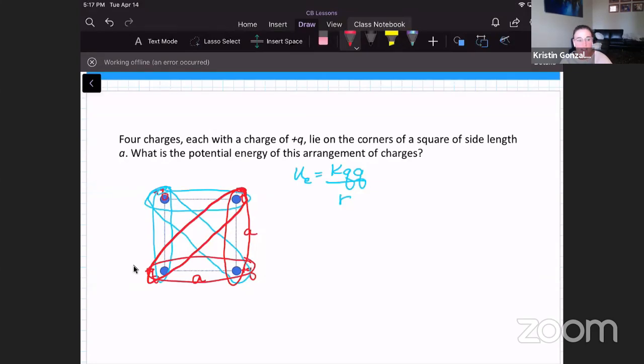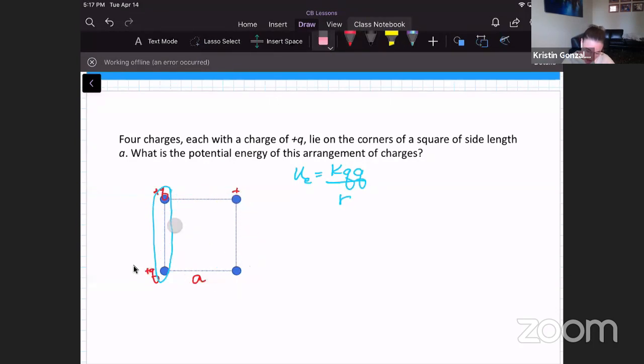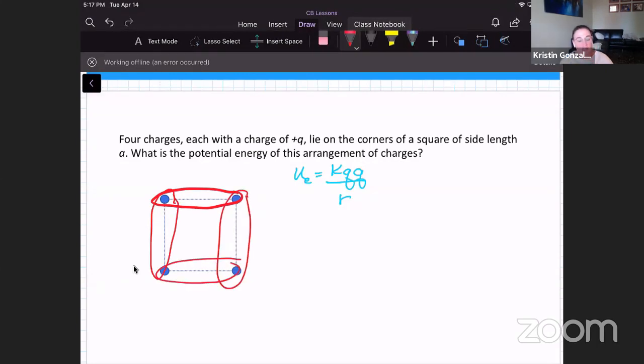But if we look at these, we want to look at the distances. I want to look at these outside four first. Why? Because if the energy is KQQ over R, all four of these pairings have that same distance A between each of those charges.